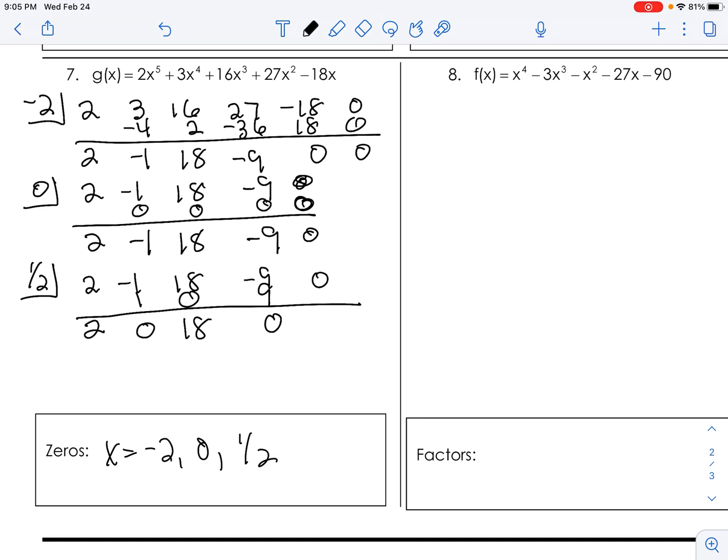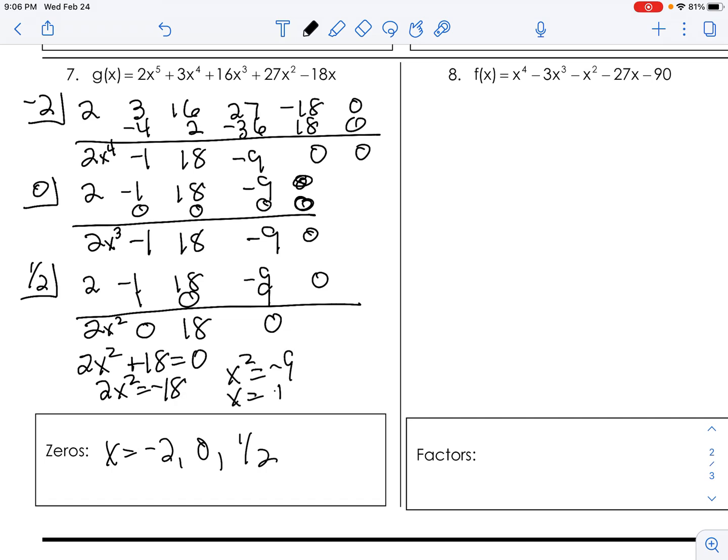So where are we at here? Well, we originally start with x to the 5. I know then that that bottom row is x to the 4th. That bottom row is x to the 3rd, which means that bottom row is x to the 2nd. Also, if you think about it, you're looking for 2 more zeros, so that polynomial on the bottom has to be quadratic. So 2x squared plus 18 equals 0, okay? 2x squared equals negative 18.